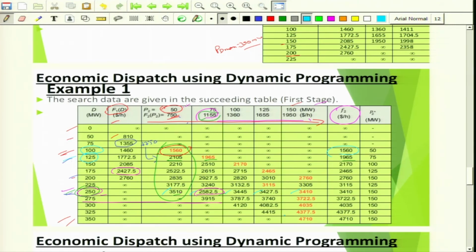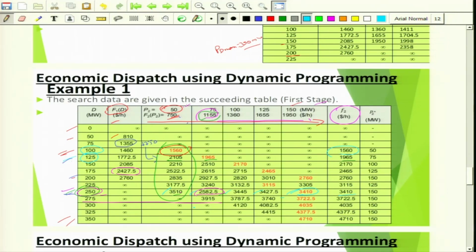The 5 possible combinations are there. So among them you can check which is the lowest. So if you want to supply a demand of 250 megawatt, it is advised to operate generator 2 at 150 megawatt, and the remaining 100 megawatt is catered by generator 1. That will give the cheapest cost.